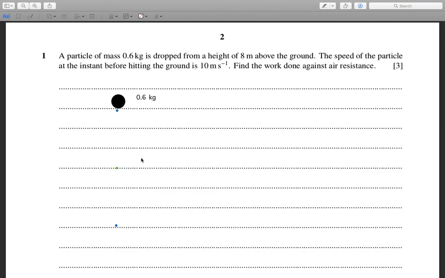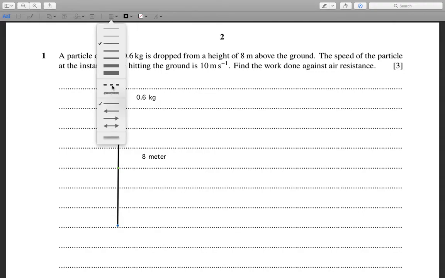This is around 8 meters, with the trace going until the ground. Let's say this is the ground.